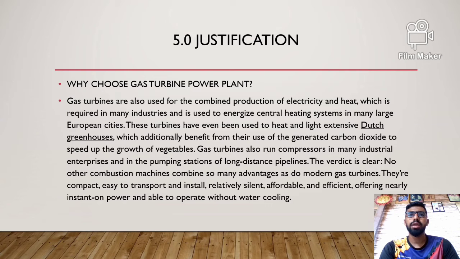These turbines have even been used to heat and light extensive Dutch greenhouses, which additionally benefit from the use of the generated carbon dioxide to speed up the growth of vegetables.